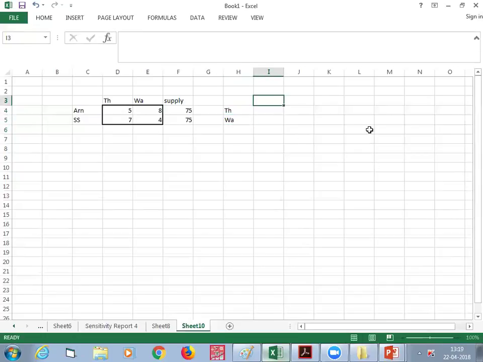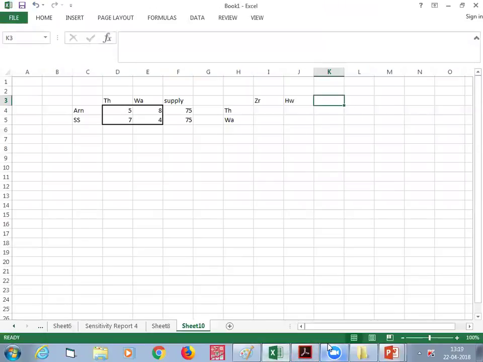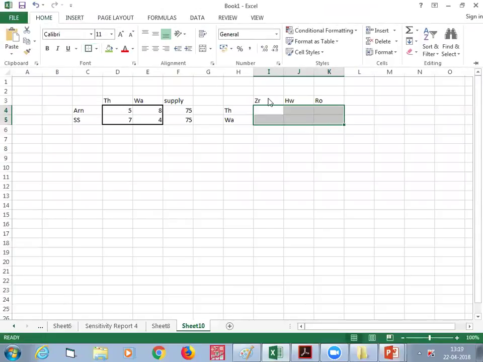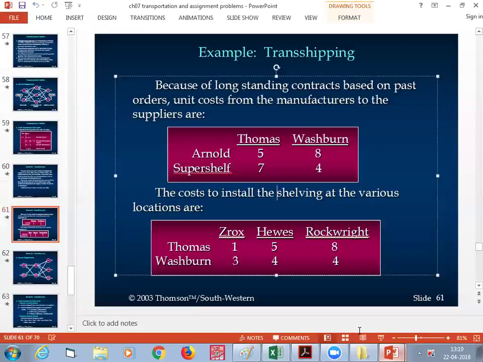And then from Thomas and Washburn to Xerox, Hughes, and, forgotten the last one. Oh, Rockright. Okay. All right. So this is this one. And what are the costs? 158344.